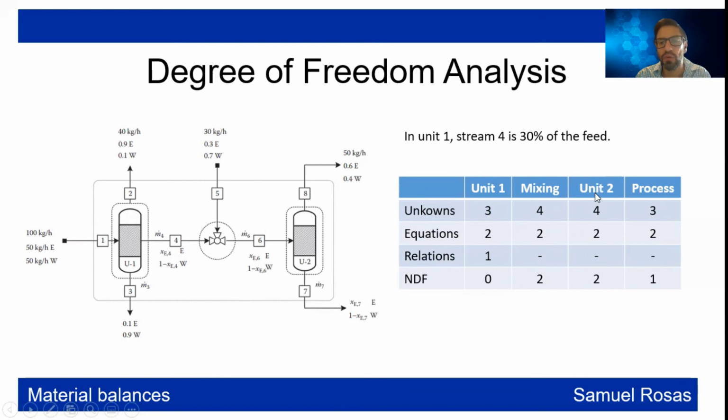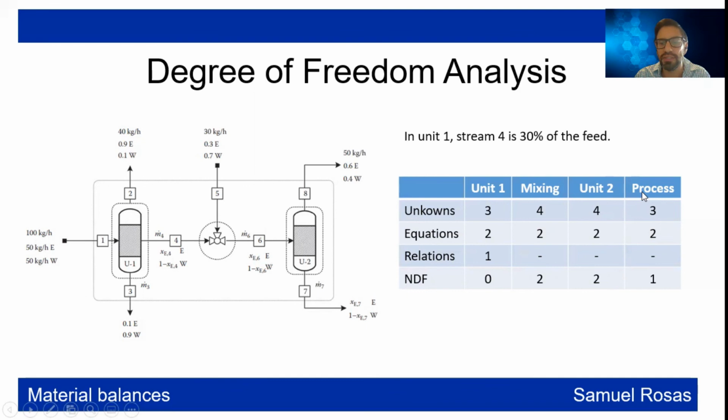Then in unit 2, you will have, let's say, M6, X6, M7 and X7, so 4 unknowns and 2 equations. Once again, the overall equation and the one for component E would be independent. No relations, so this will yield 2 degrees of freedom, and it's not a good candidate either.